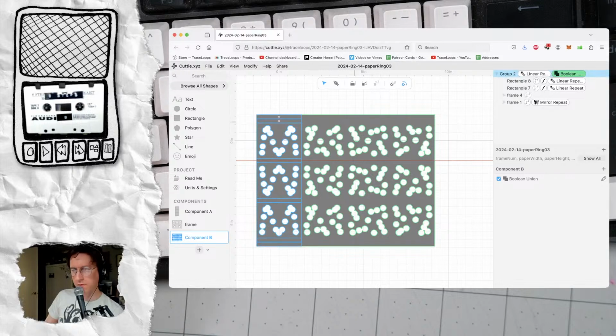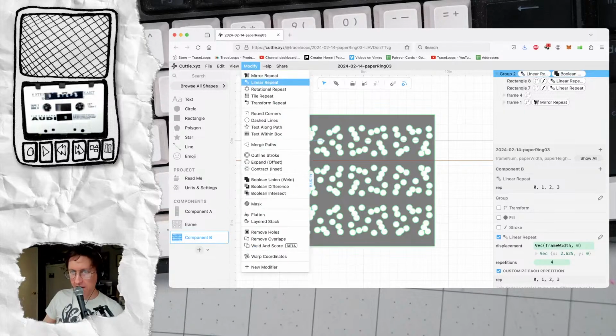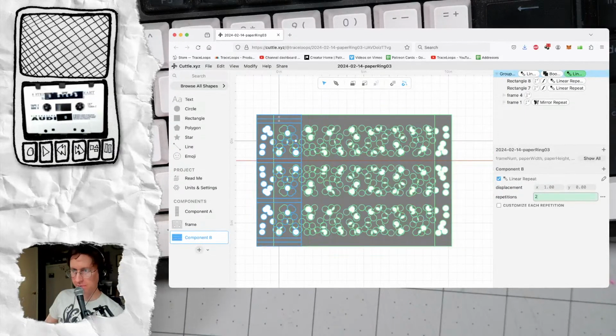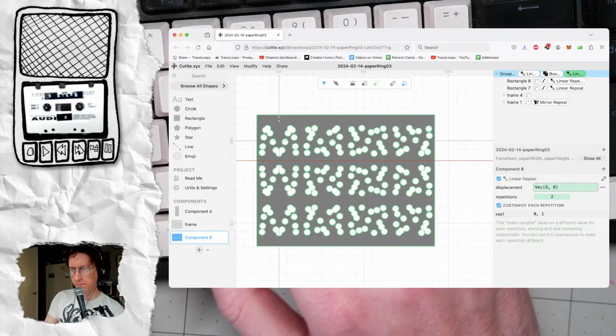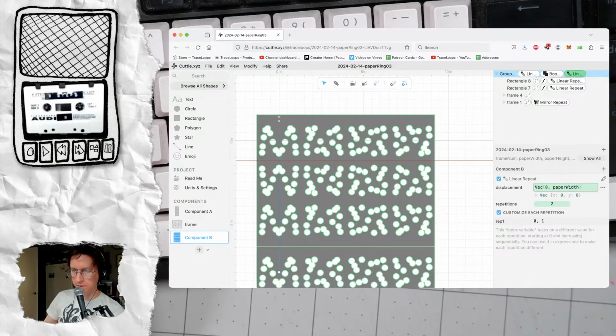And then I need, it's going so slow. Modify, linear repeat. Don't need 6 of these, just need 2. Customize each repetition, that's called rep 1. For ease of visual stuff, let's make this paper width.